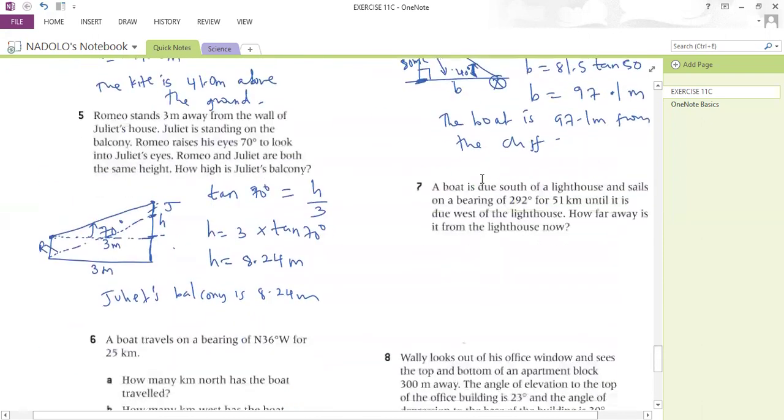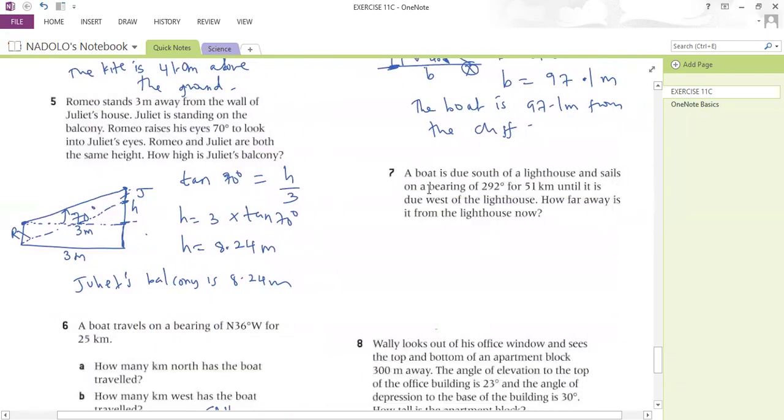Let's look at number 7. A boat is due south of a lighthouse and sails on a bearing of 292 degrees for 51 kilometers until it is due west of the lighthouse. Okay, so let's say the lighthouse is here. It has its compass north, and also we'll have east, west, and south.